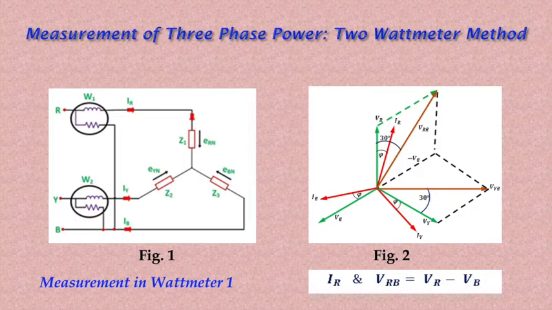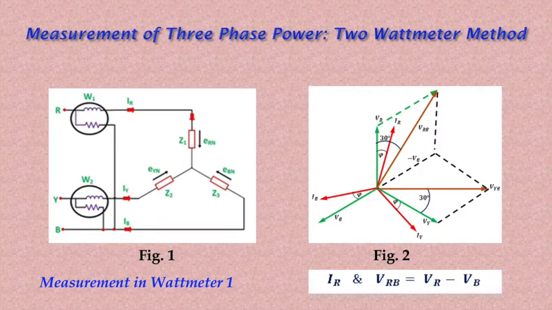The potential coil, having high resistance, is connected across the load and carries a current proportional to the potential difference. The power in any phase is measured by the wattmeter, and the total power is obtained by multiplying the wattmeter reading by 3.